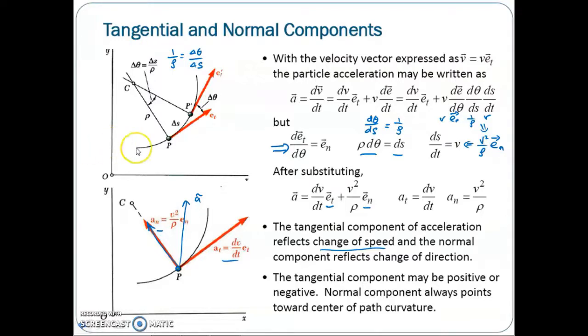Please take note that the unit vector ET is tangent to the path of the particle and is aligned with the velocity, while the unit vector En is directed along the normal to the path and always points toward its center of curvature. Normal En points towards the center of curvature.